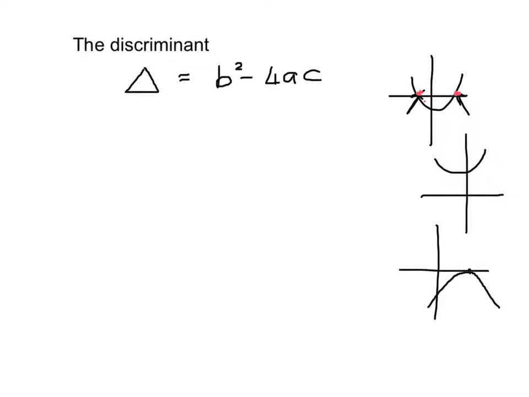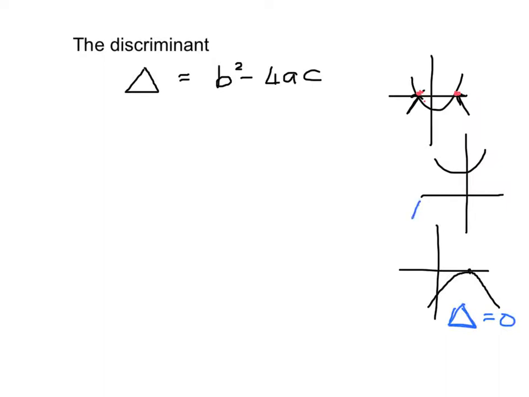It has a repeated root, or two roots the same, which are one root. In this case, our discriminant equals 0.